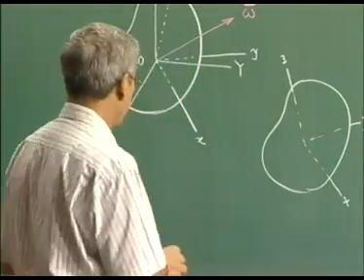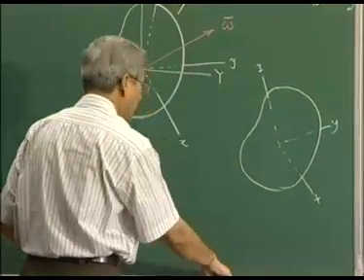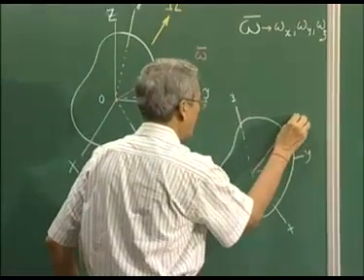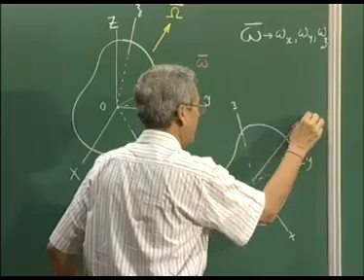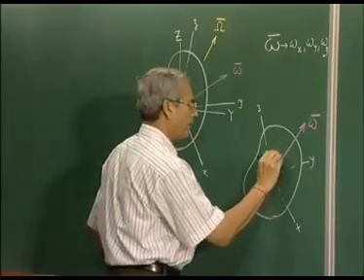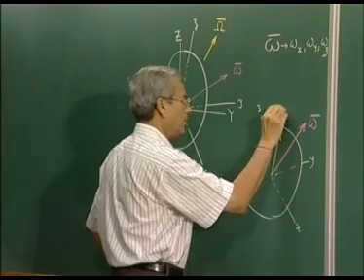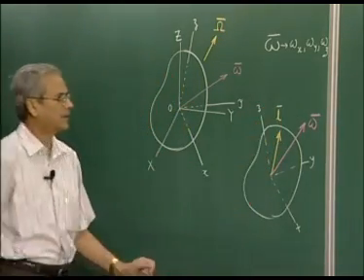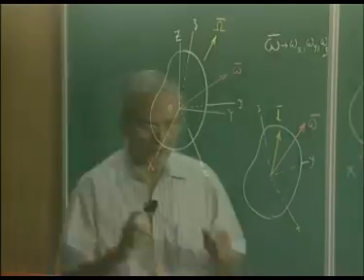So, if this rigid body is having an instantaneous angular velocity of omega, its angular momentum L will be something like this. In planar motion it does not happen.